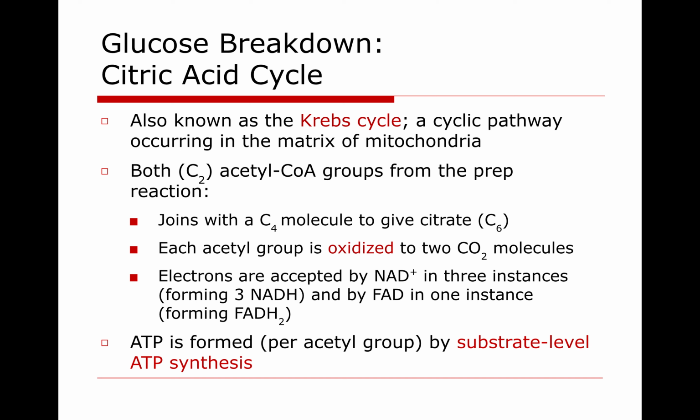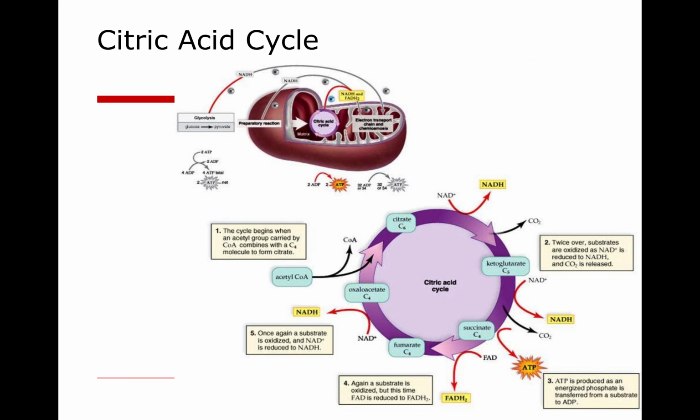Electrons are accepted here by NAD plus and FAD. You remember, because they just take hydrogens and electrons and put them somewhere else. That's all they do. ATP is formed, and you get two, okay?